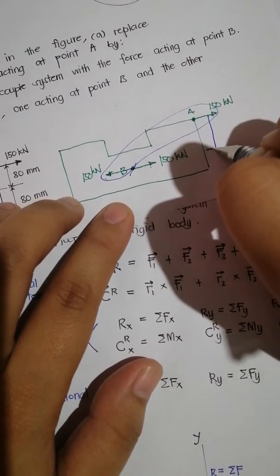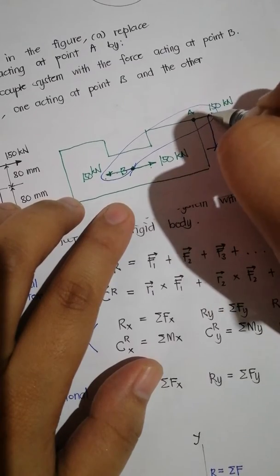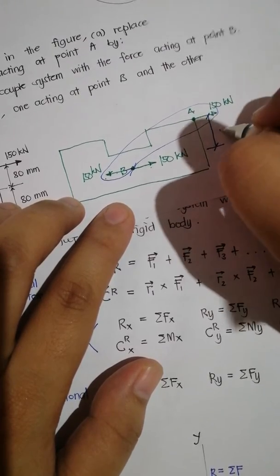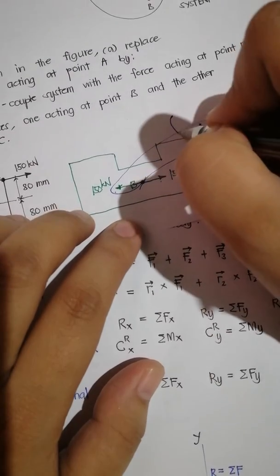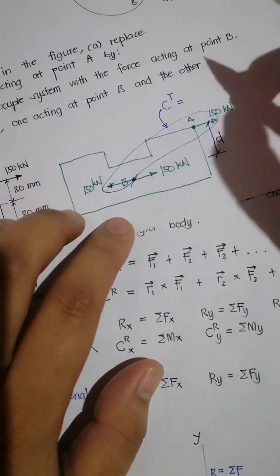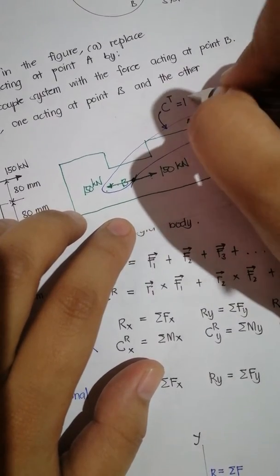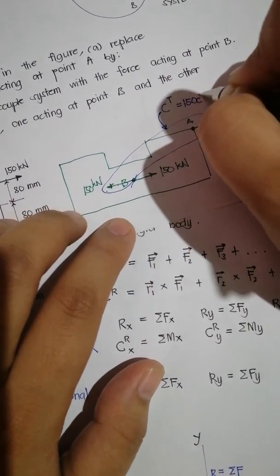You already know the definition of a couple or the magnitude of a couple. That is equal to the couple of transfer, that's the force magnitude times their perpendicular distance d.